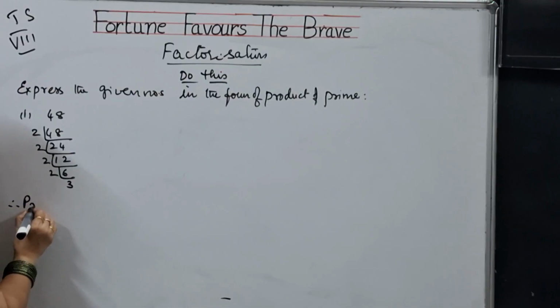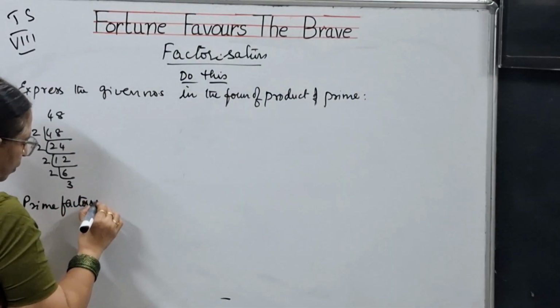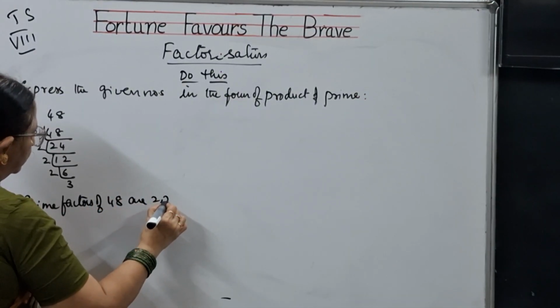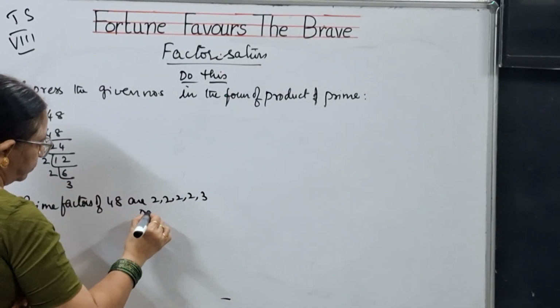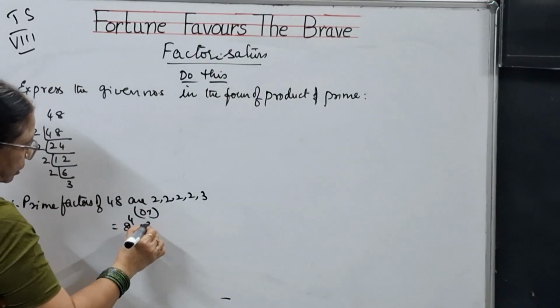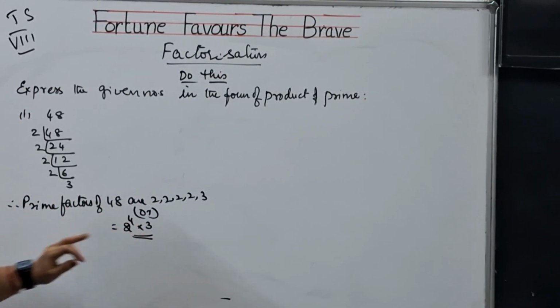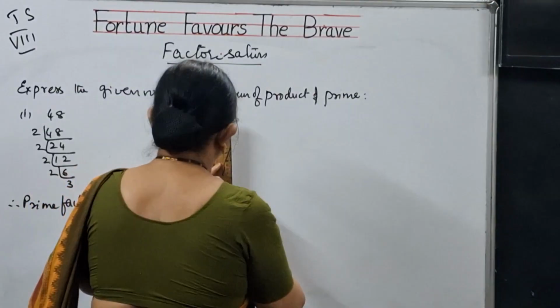Therefore, prime factors of 48 are 2, 2, 2, 2, 3, or you can even write it as 2 to the power of 4 into 3. Even this way you can write prime factors, children. These are all factors if you write separately, or you write it as 2 to the power of 4 into 3. This is your answer for this bit, children.